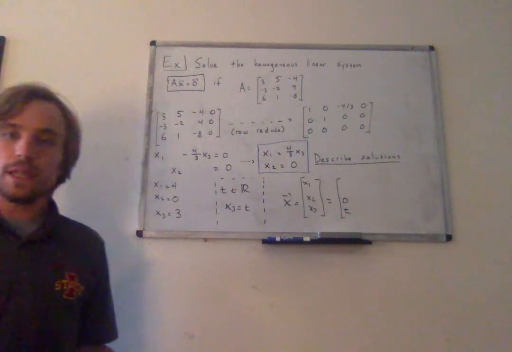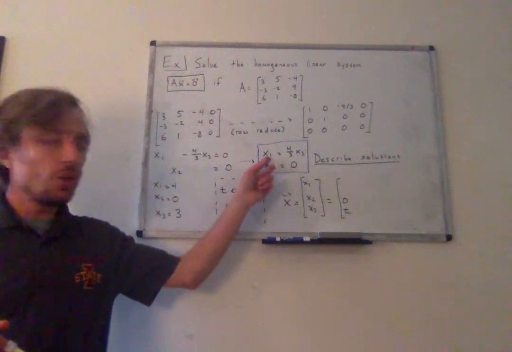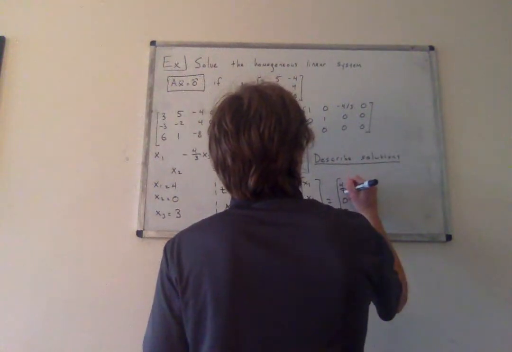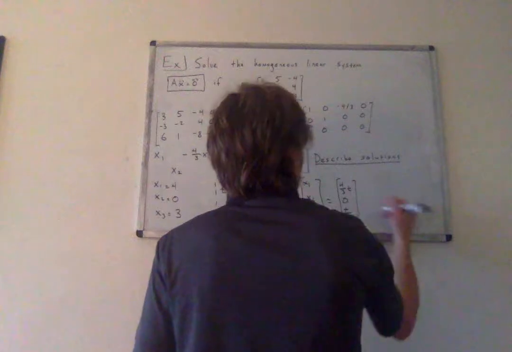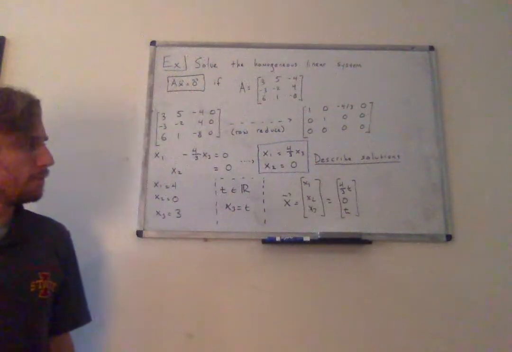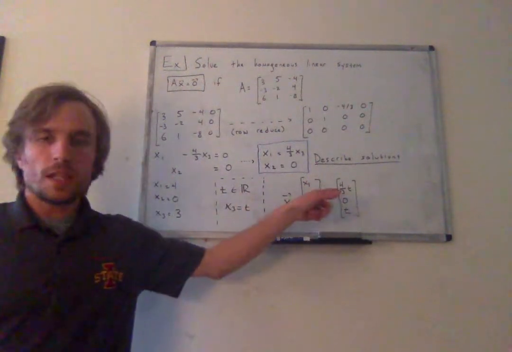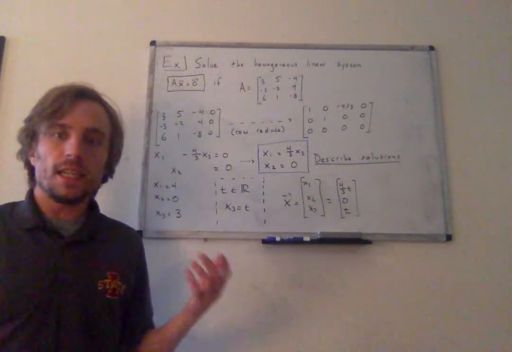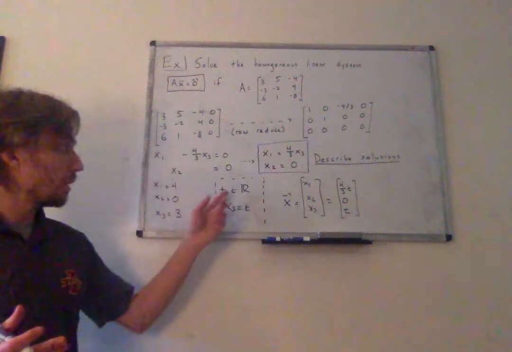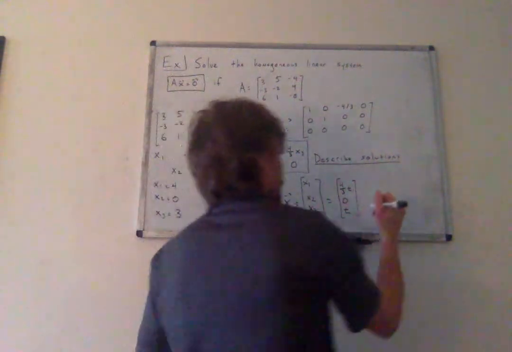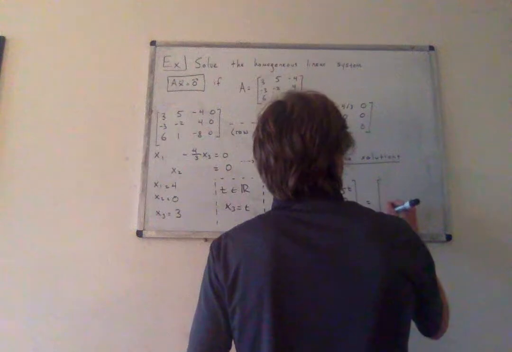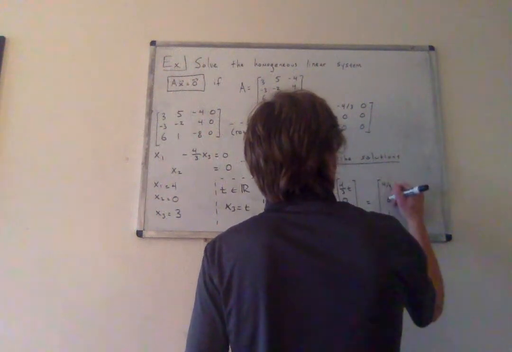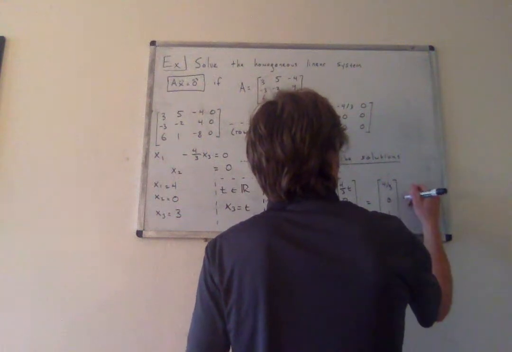Once I've picked x3, I know exactly what value x1 has to take on. Here, x1 is going to take on the value 4/3 t. Well, 0 times anything is equal to 0, so I can factor out a t. t is just a scalar, just a real number. So I can factor out a t and rewrite this as the vector 4/3, 0, 1 times the scalar t.